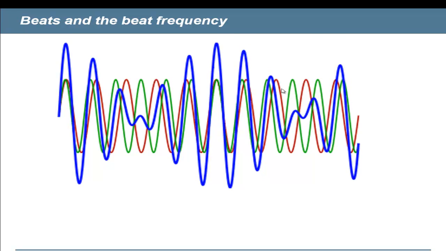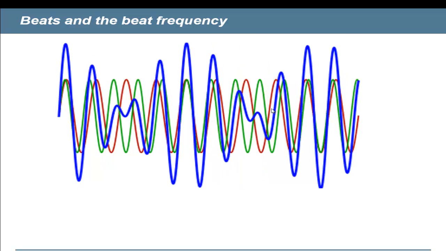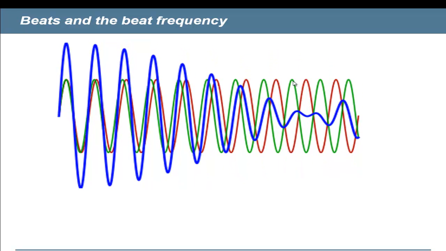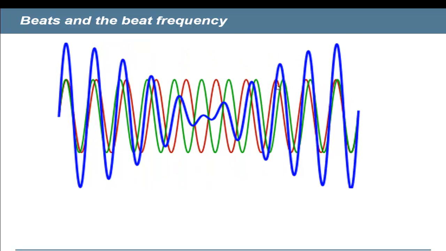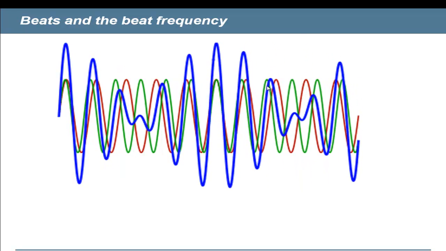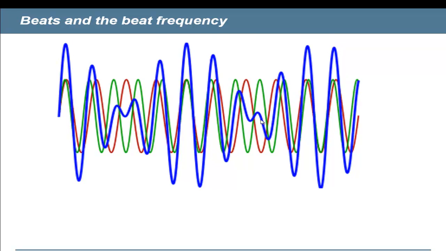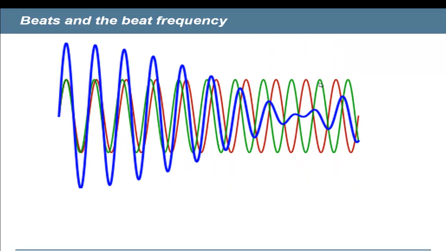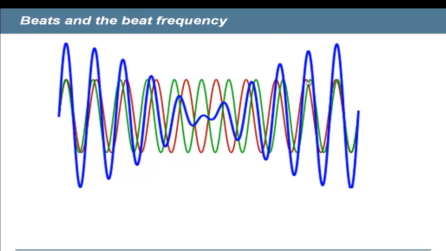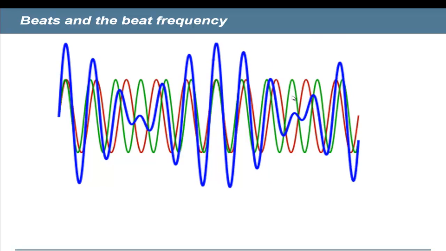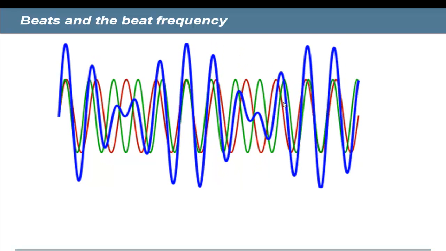So as they add together when they're in line, let's just follow this one right here. They're out of phase and it gets really small. They're in phase, so it's very big, and then it goes out of phase again, and so it's getting very small again, and then it picks back up. So follow it again here, out of phase, and then we have them in phase, we have a peak, and then out of phase again, going back down to 0, and then right back up.